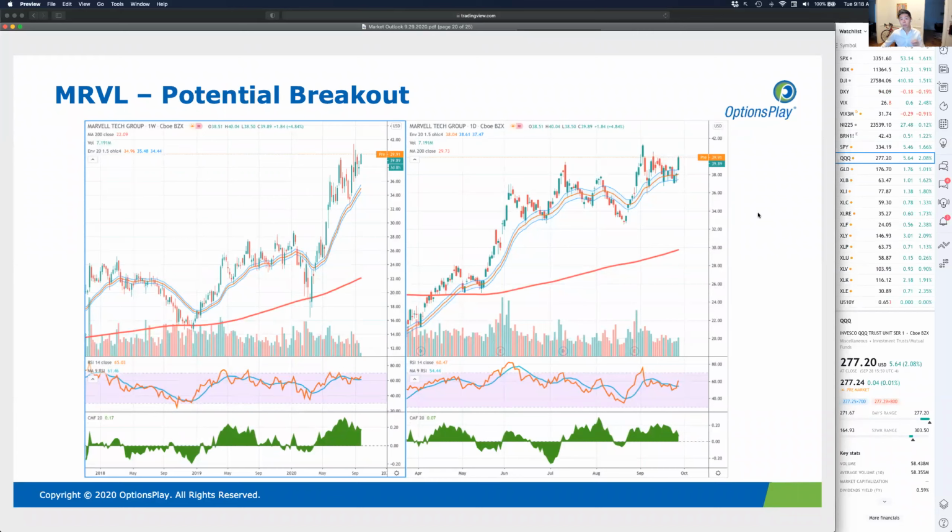On the flip side, we also still see quite a few of the industries that have largely invalidated this topping formation and have started to resume that bullish trend. Semiconductors are one of those. Semiconductors are not really having that topping formation, continuing to have higher lows, higher highs, and resuming that continuation higher.